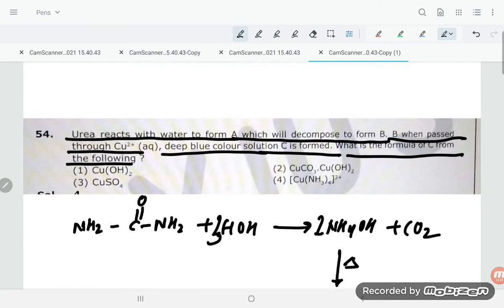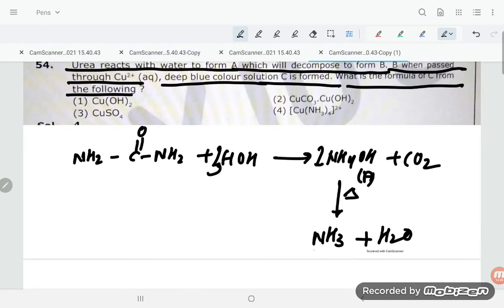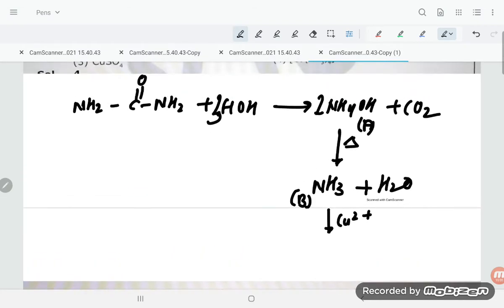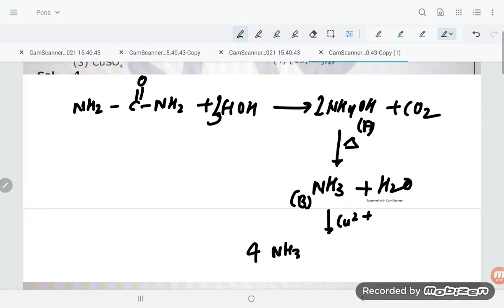Now they are saying urea reacts with water to form A. This is A, which will decompose to give B, that is ammonia is B. B is passed through Cu2 plus, and a deep blue solution C will form. It will give 4NH3 plus Cu2 plus.